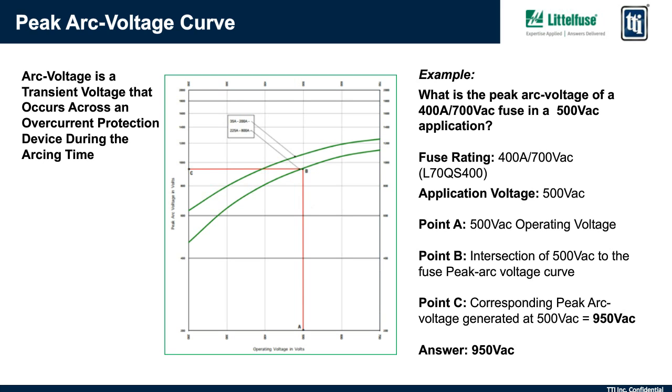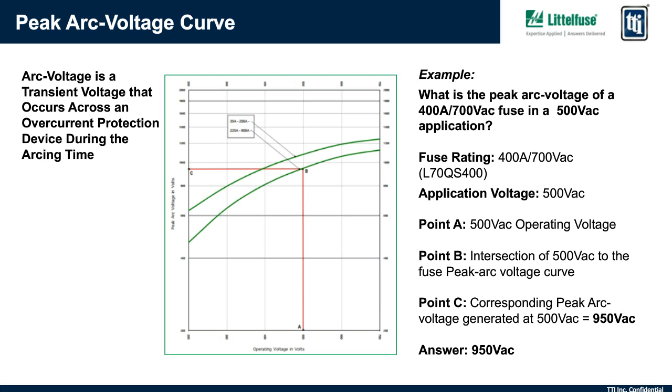And we move up until we intersect with the green line that correlates to the fuse rating in question. In this case, we're looking at 400 amps, which is the lower of the two green lines. Then we move over left to the y-axis until we intersect at point C. And that ends up being about 950 volts AC.